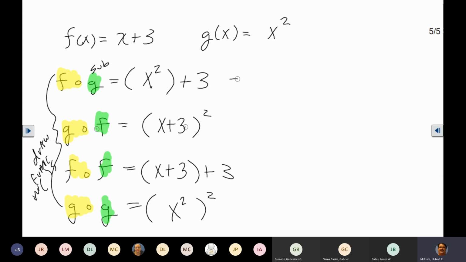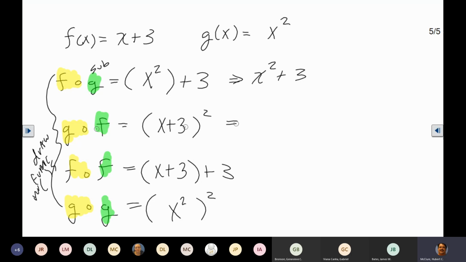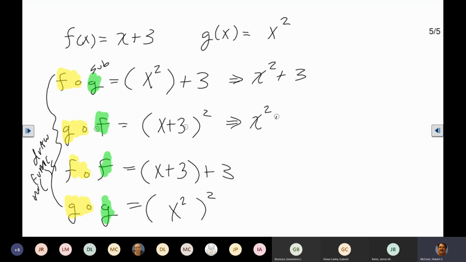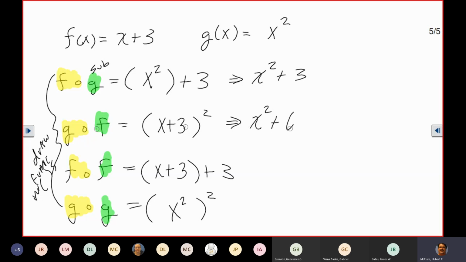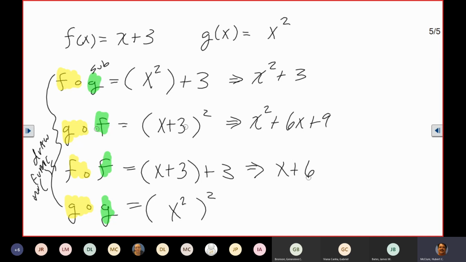So this is x squared plus 3, which is shortcut number 1: x squared plus 6x plus 9. This is x plus 6, and this is x to the 4th. And that's how you do composition.